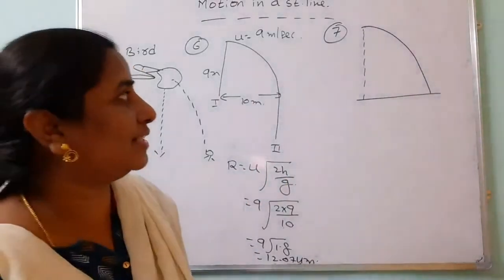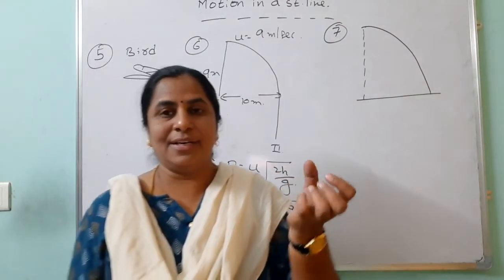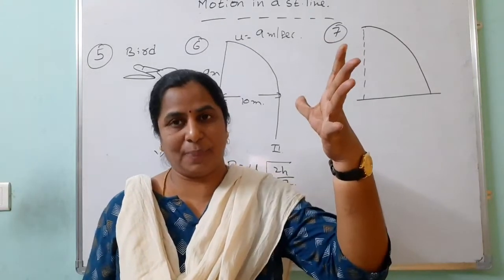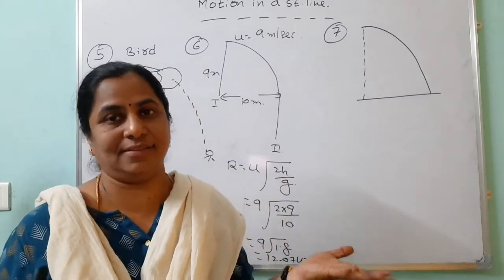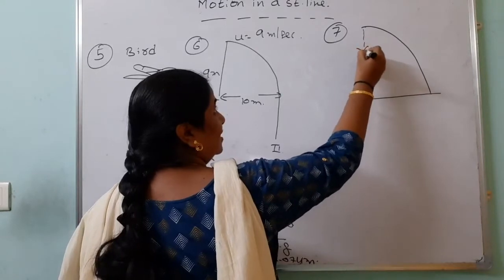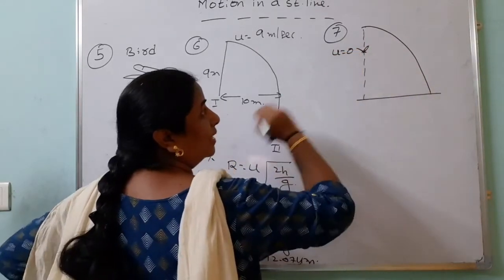Then our next question is, they have taken two stones. Even we can do this experiment. One is thrown with some velocity, another one is dropped. Which ball will reach the ground first? Try to understand this. First, we consider the freely falling body, initial velocity 0.